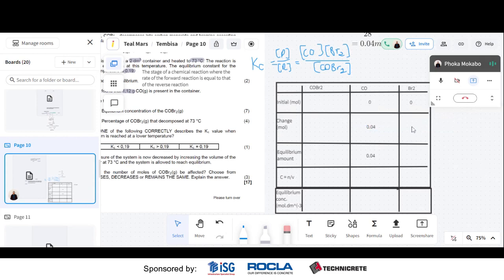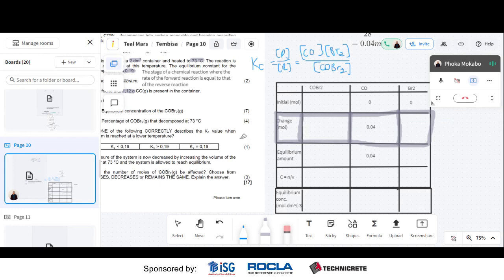Now that we've entered this golden row, remember I said to you, we call it the golden row specifically because once we enter it, we only need one value in order to find all of them using the mole ratio.